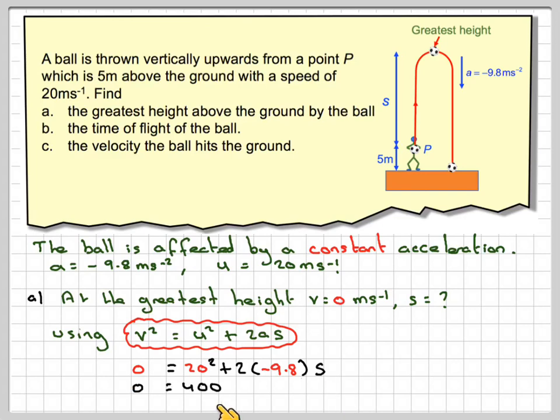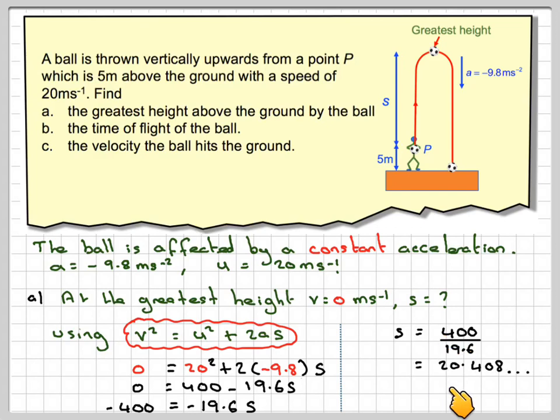That gives me 400 minus 19.6 S. Taking the 400 over here, we get minus 400 is equal to minus 19.6 S. Therefore, S will be 400 divided by 19.6. The minus signs cancel out, and we get a displacement of 20.408.